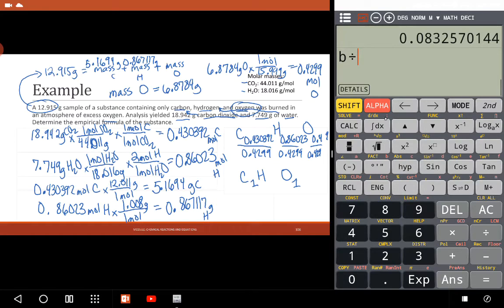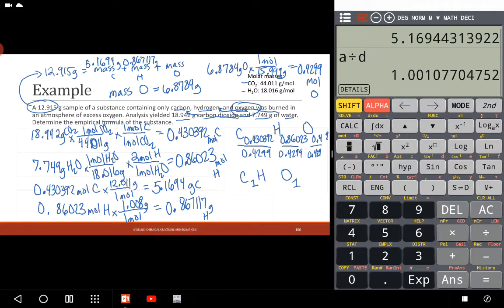So B divided by alpha C. No, that can't be right. What is C? Is C just whatever the previous answer was? Or no, I was D. D is what I was doing. So, alpha D. No wonder things are off. Yeah, that's about 1. So this value was stored as D. That was A, B. Might need to write these things down eventually.